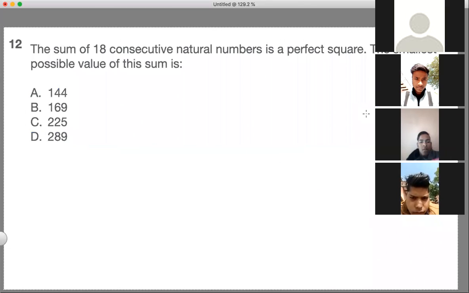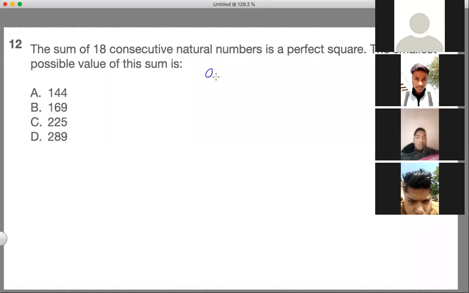Okay, let's do this. The sum of 18 consecutive natural numbers is a perfect square. The smallest possible value of this sum is. ये थोड़ा अलग क्वेश्चन है, तो इसको किस तरह से अटेम्प्ट करेंगे? See, 18 consecutive natural numbers.